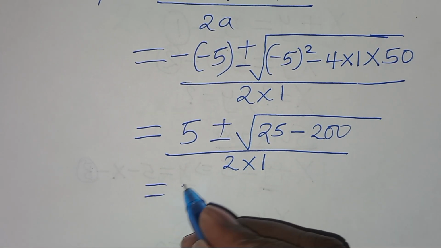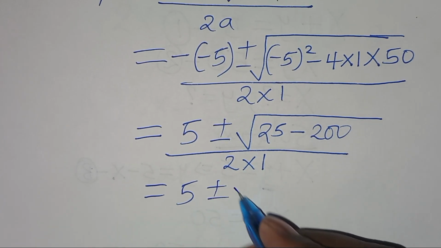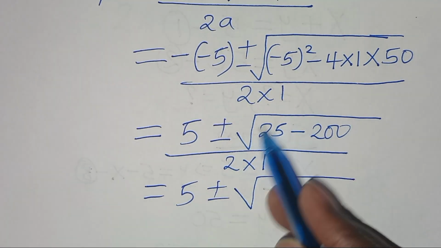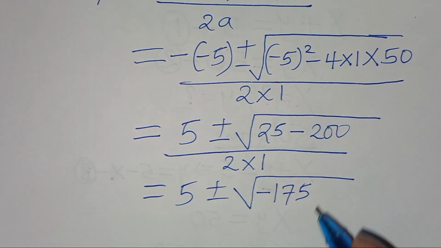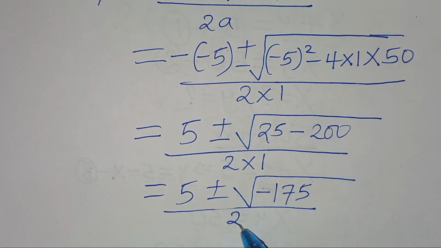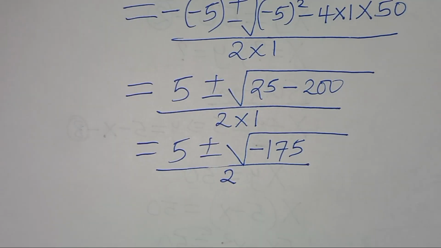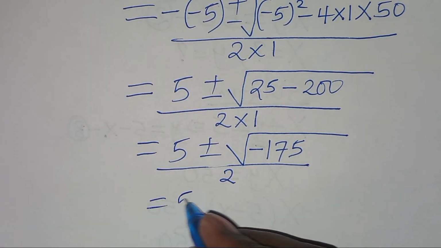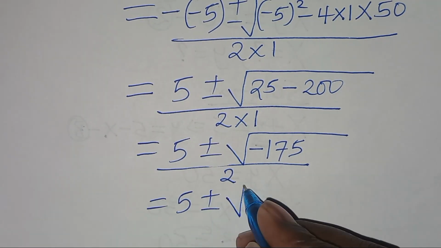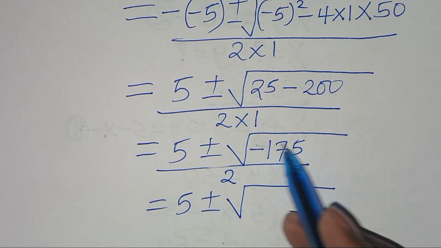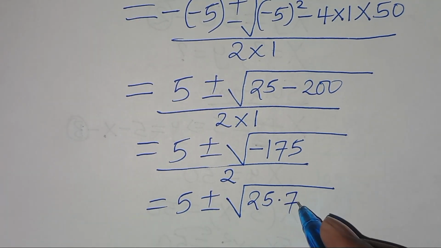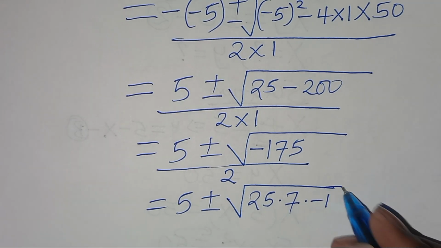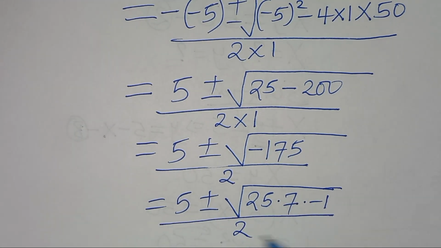Now here we have 5 plus or minus, we have that 25 minus 200, this is minus 175 divided by 2. The next step here, we have 5 plus or minus, we can express minus 175 as 25 multiplied by 7 multiplied by minus 1, all this divided by 2.